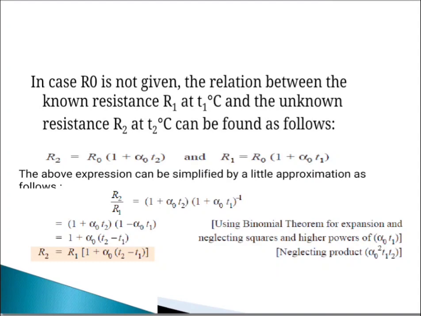For better understanding of the concept, we will see, with the help of this, how to solve different numericals to find the resistance at a certain temperature, or the resistivity at a particular temperature. For that we will see some examples.